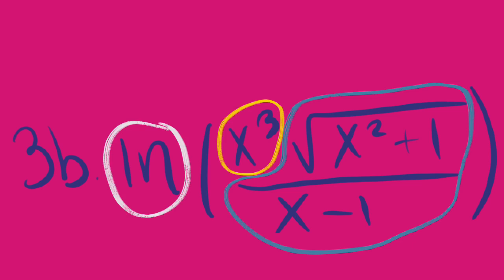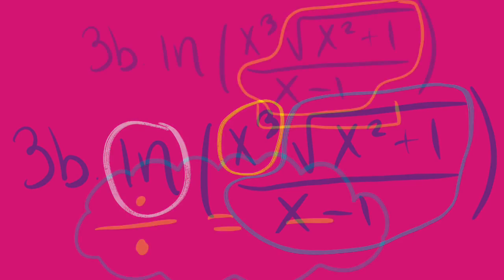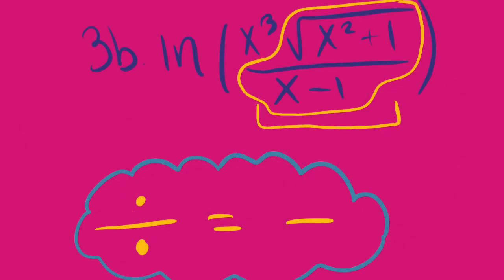And with that being said, I like to focus first on the blue part, and I can see, oh, it's division, and division also means subtraction. So I can rewrite the problem in subtraction form, just to make it a little bit more simple to look at.